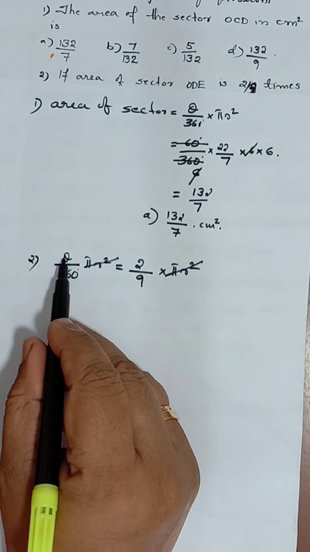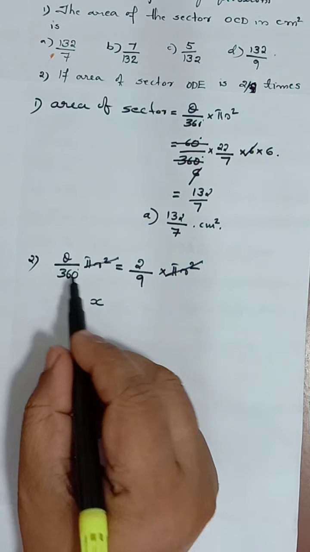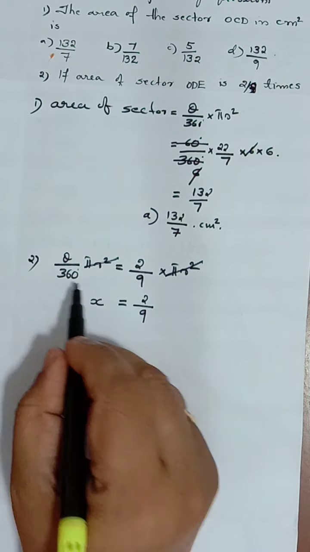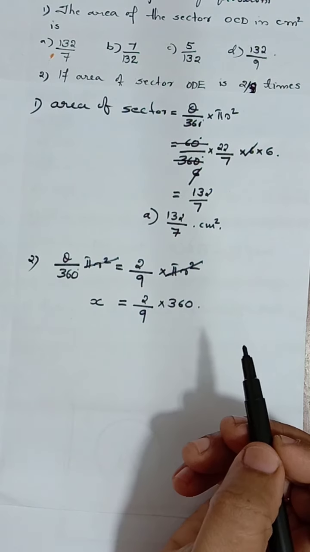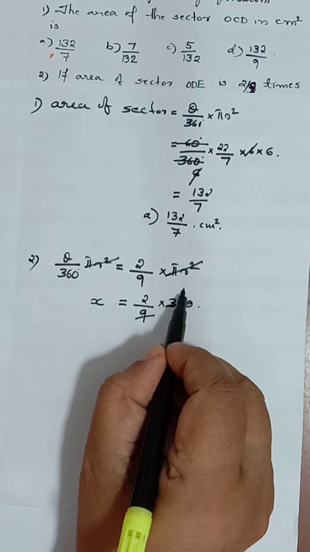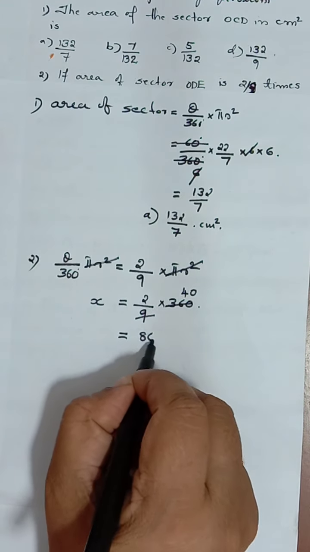So here instead of theta we have angle x. This x we have to find out. 2 by 9 as it is. Divide by 360, so 360 goes to the other side. So how many times it is? 9 fours are 36, so 40. Okay, 40 into 2 is 80.